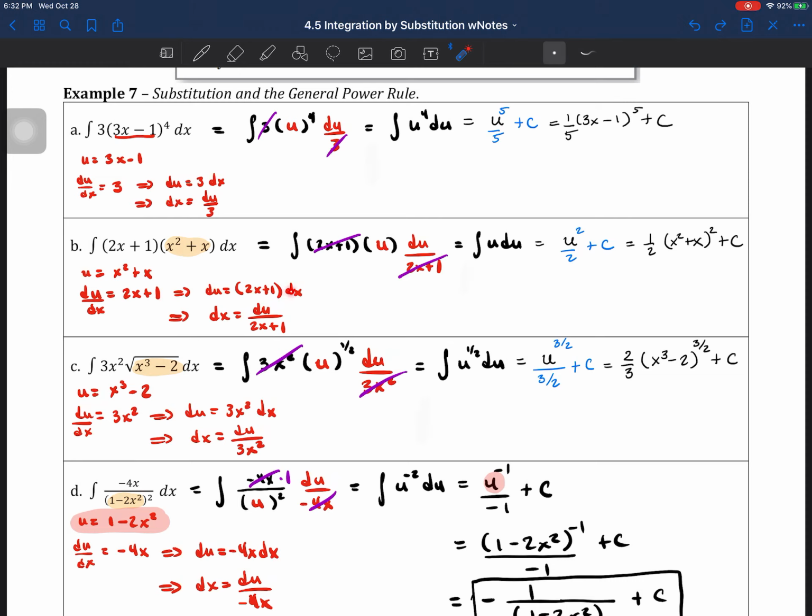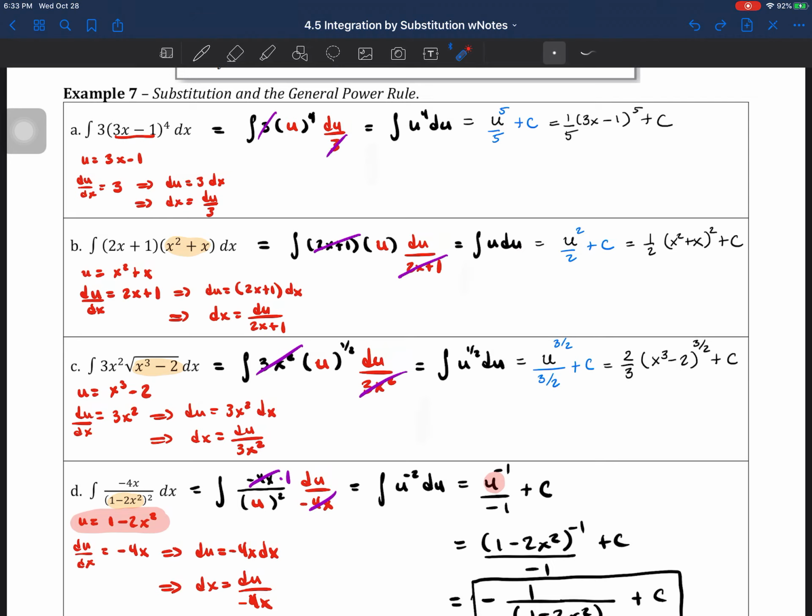And then divide both sides by 2x plus 1, so you can isolate your dx. And so what we have here is du over 2x plus 1 is equal to dx. So we're going to go back, replace this with u, replace dx with du over this. These two will cancel each other out, leaving us with the integral of u times du.